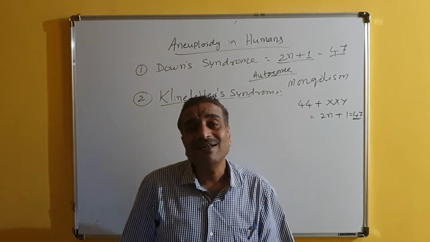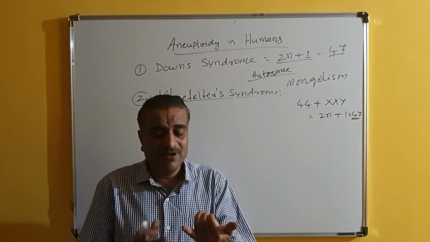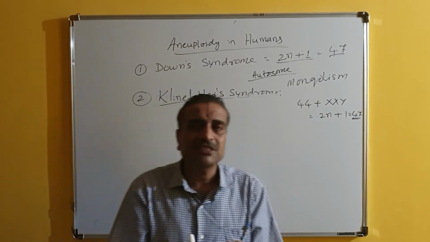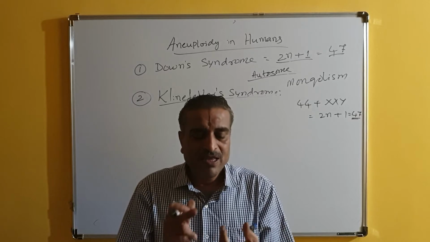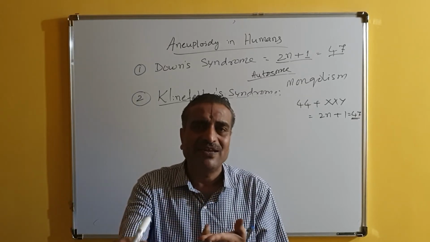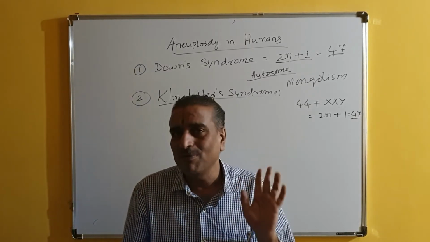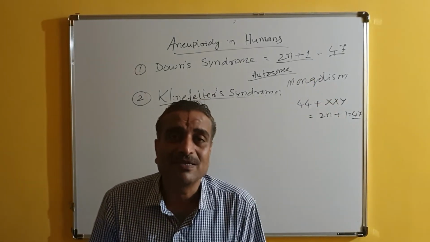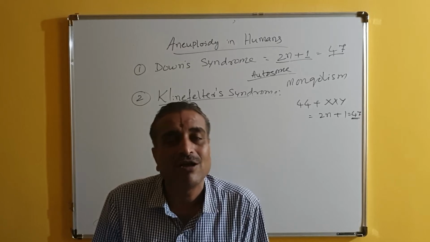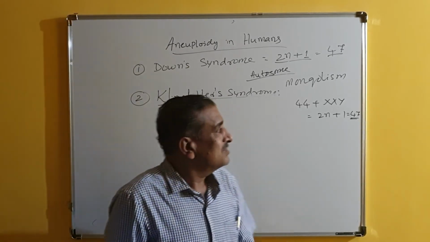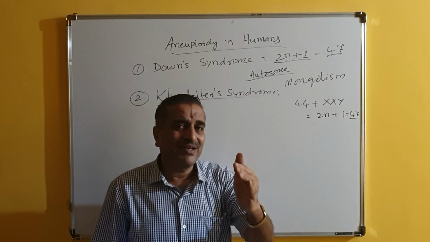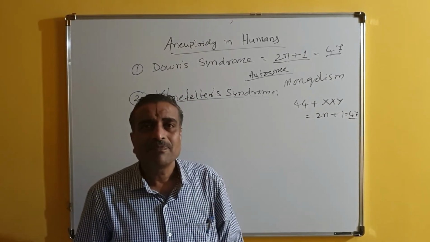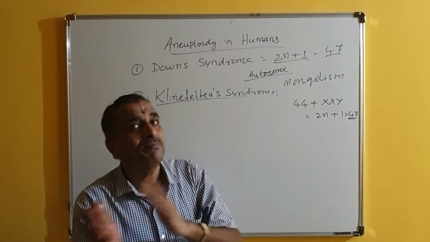If two X chromosomes are there, the fetus develops into a female body. If X and Y chromosomes are there, it develops into a male body. But here X, X, Y are present. What happens? It is neither totally male nor totally female. The body structure is female, but the tendency is towards male.